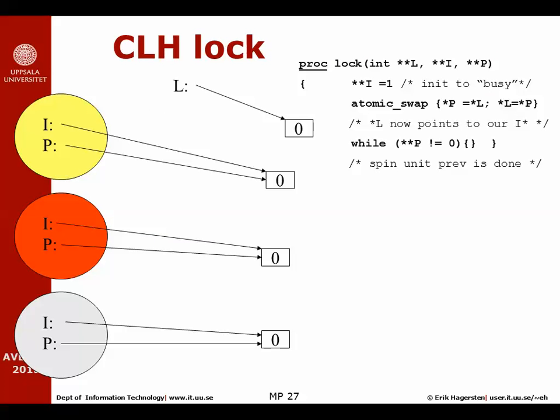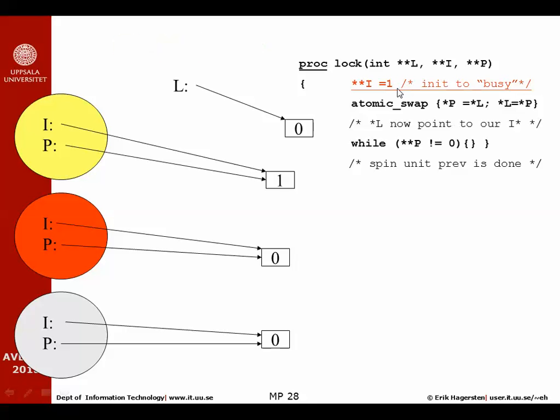So here is a picture of what would happen if 3 different threads wanted to get into the lock one by one. Initially, L is pointing to a memory location which is 0, so the lock is free. And the first thread wants to get into that lock, so we perform the first operation. Okay, initialize whatever they're pointing to, to 1. Then we do the second operation, the atomic swap.